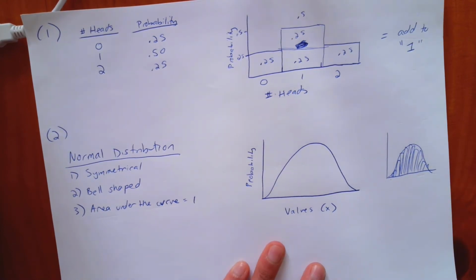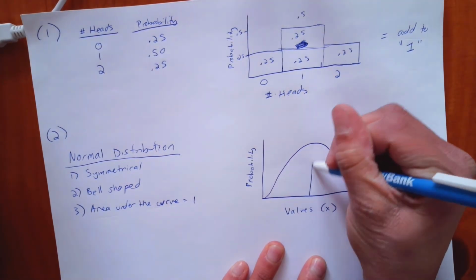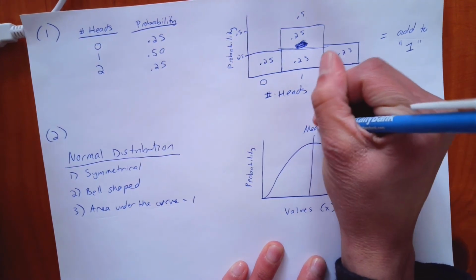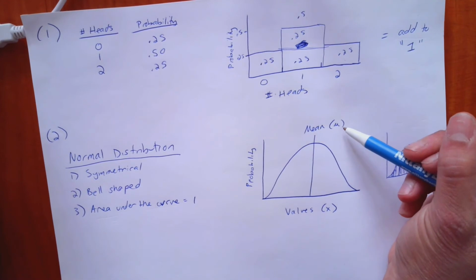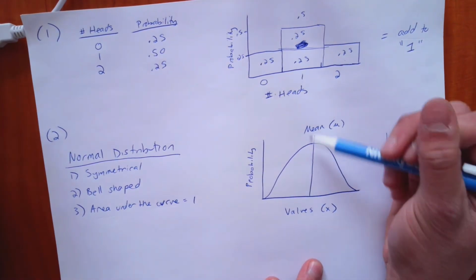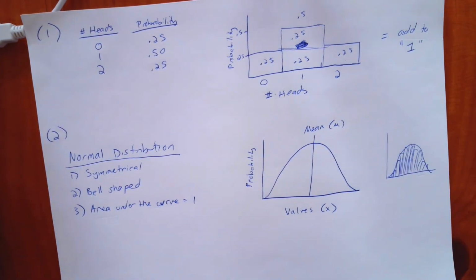another set of characteristics. One is that the mean of the distribution, which if you remember from last time we call mu, is always going to be at the center of the bell curve. So thinking about means for probability distributions, if you remember, the mean for the probability distribution tells you if you were to actually take a sample based off this probability distribution, what mean you would expect to get in that sample.